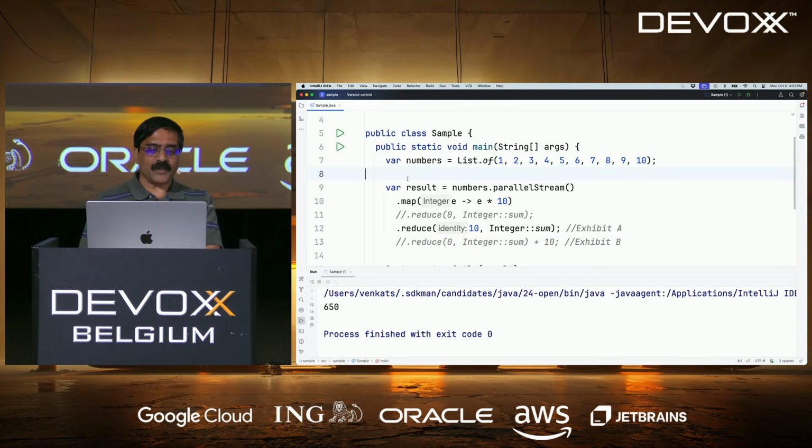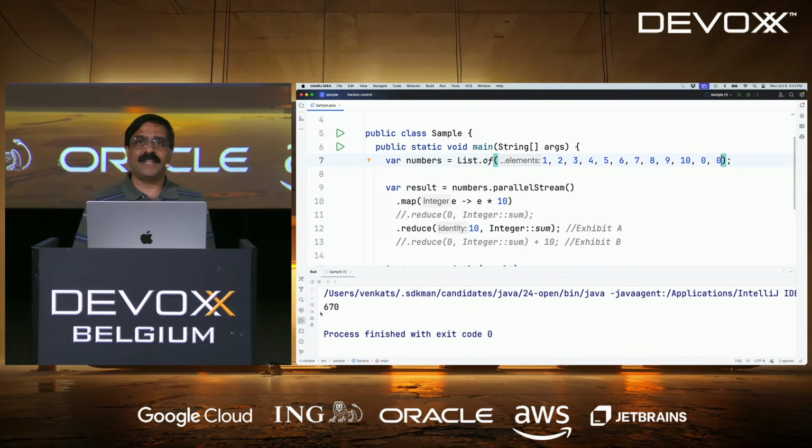You're like, gosh, why is it 650? I'll put a 0 in there just for the sake of fun, and I'll put another 0 in there. And as we know, the 0 shouldn't make any difference, but it gives you a bonus, right? So the question is, what just happened? So let's understand how this actually works.